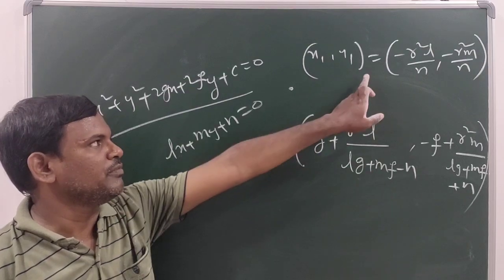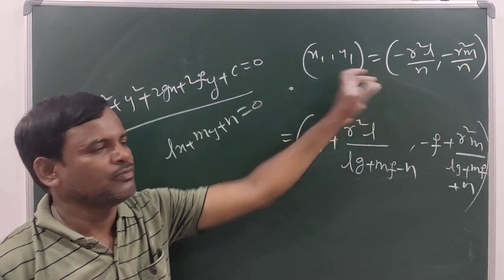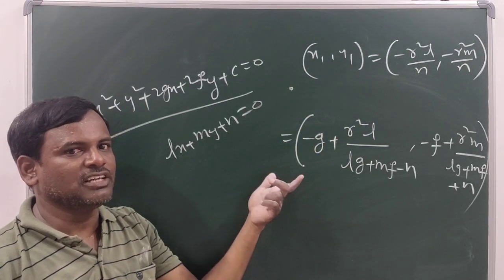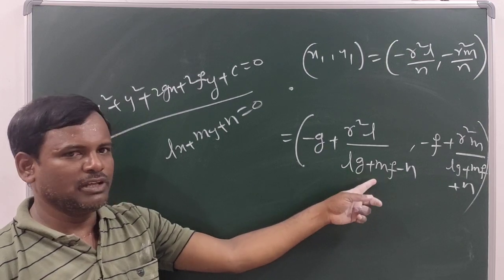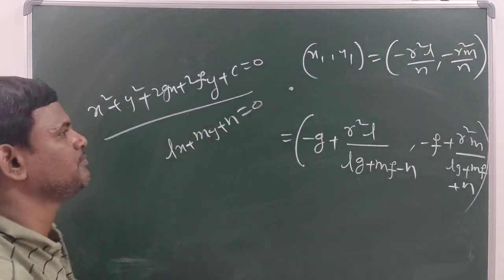Okay, no confusion. When the circle center is the origin, you will get this one as the pole of this polar. When the circle center is other than the origin, this will be the pole of this polar with respect to this circle.